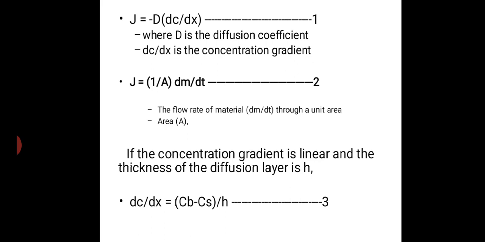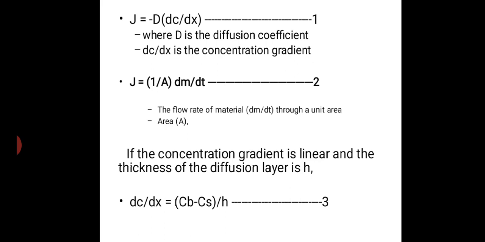We have the equation for J as D into dC by dx. Whereas considering the flow of material dM by dt and the area, J is equal to 1 by A into dM by dt.